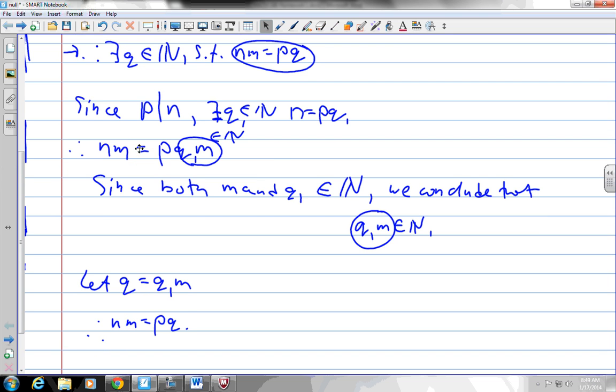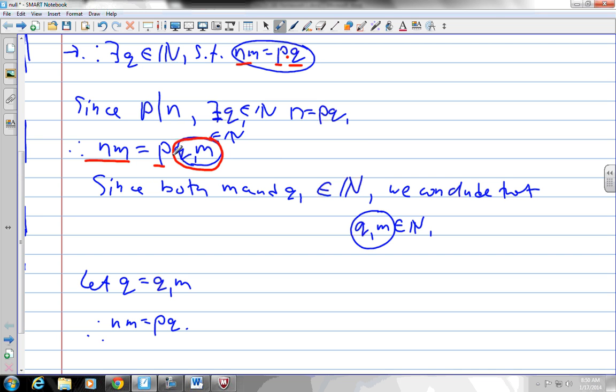Because we're trying to prove that P divides NM, right? In order for us to prove that, we need to show that NM can be expressed as a product of P and some other natural number, right? Well, here we have P times a product of two natural numbers.